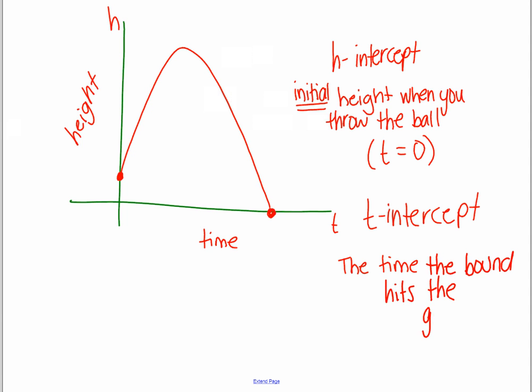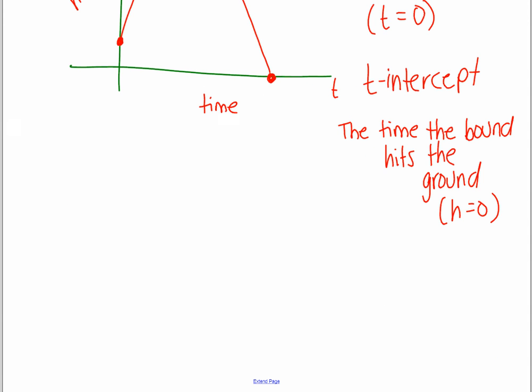The ball hits the ground. Because your height is zero. When's your height zero? That's at the ground. So the time, because that's your x, when the ball hits the ground.